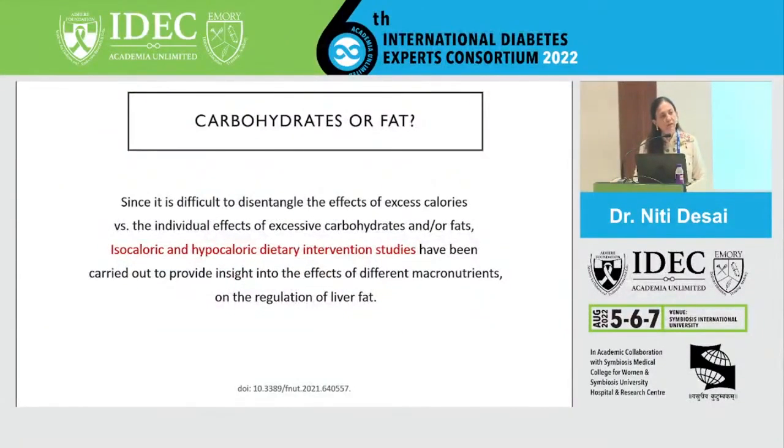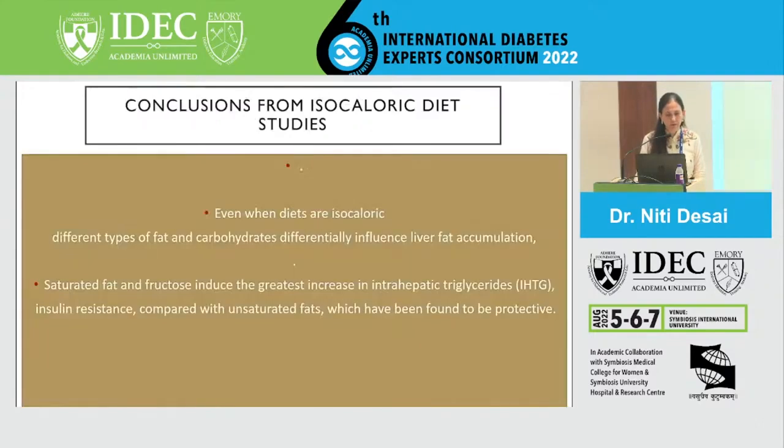Now, since it was very difficult to disentangle the effects of extra calories from the effect of different macronutrients, there have been a lot of isocaloric and hypocaloric dietary intervention studies that have been carried out to get some insight into the effects of different macronutrients.